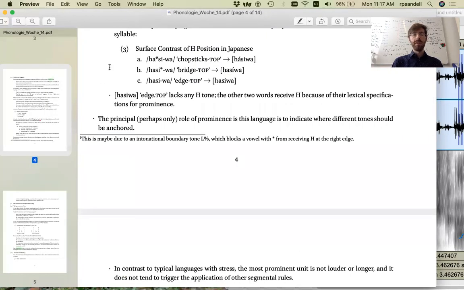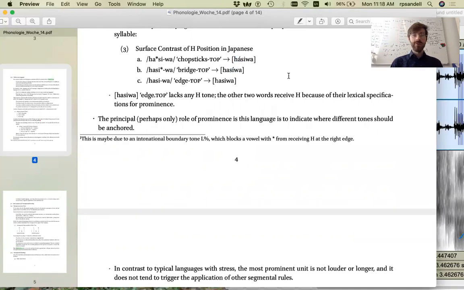Finally, one thing that seems to also distinguish Japanese and similar languages from languages like English or Italian is that, in contrast to languages that seem to clearly have stress, the most prominent element, the element with the high tone here in Japanese, is not really any louder or longer. The syllable with that high tone does not become durationally longer, and it doesn't become acoustically louder.